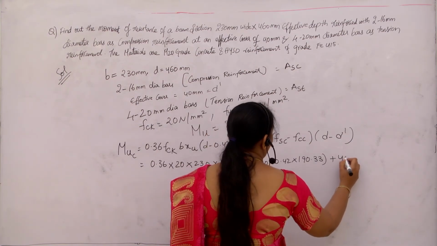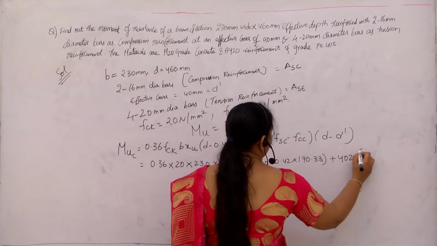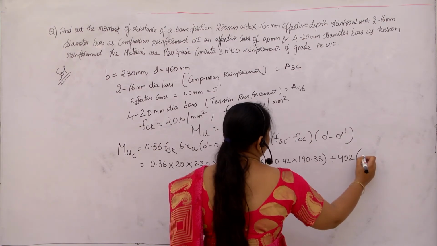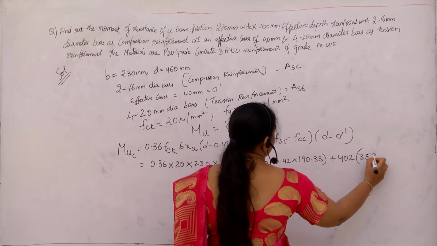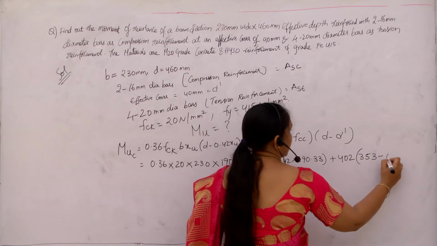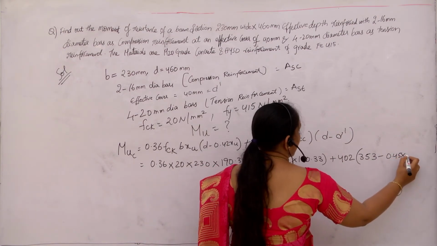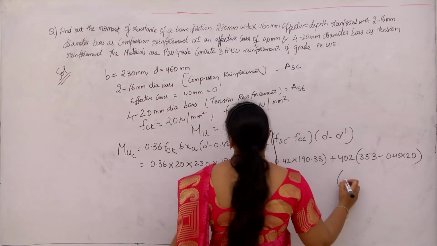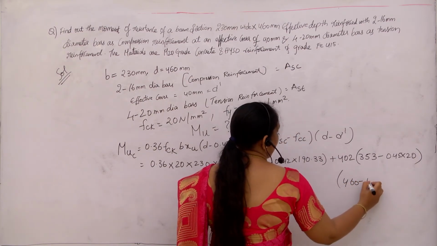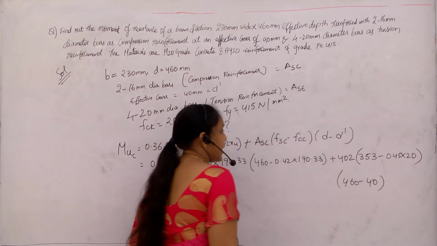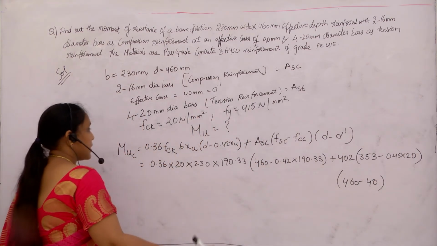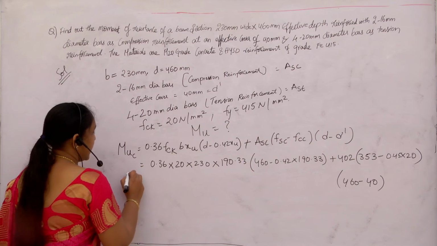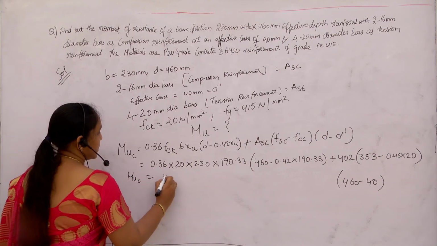It is 402 mm square into FSC. How much is the FSC you got? 533 minus FCC. FCC is 0.45 into FCK, which is 20 into D. What is D? It is 460 minus D dash. What is the value of D dash? It is 40. So if you substitute all the values here, you will get a value of MUC as 177.87 into 10 to the power of 6.